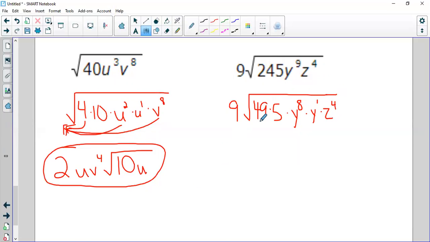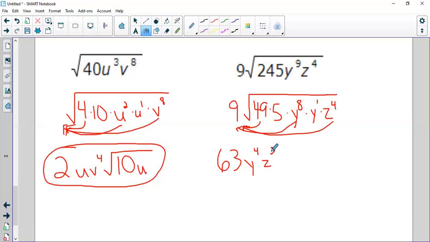All right, let's bring out what comes out. Perfect square of 49 comes out and becomes a 7. 9's already there. That makes it a 63. Y to the 8th, perfect square because it's even. Bring it out, divide the exponent by 2. Y to the 4th. Z to the 4th, divide the exponent by 2.